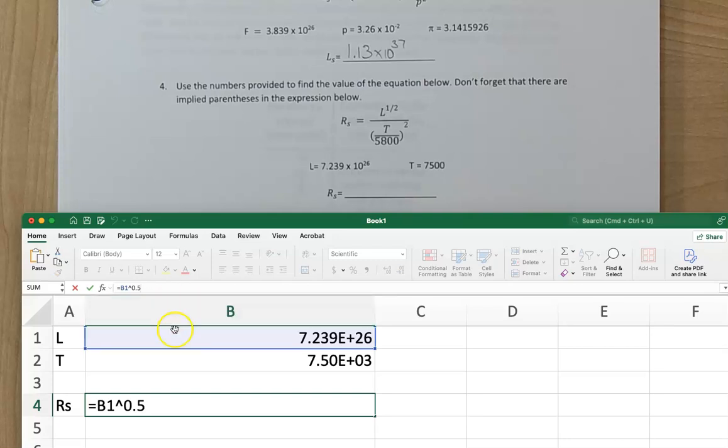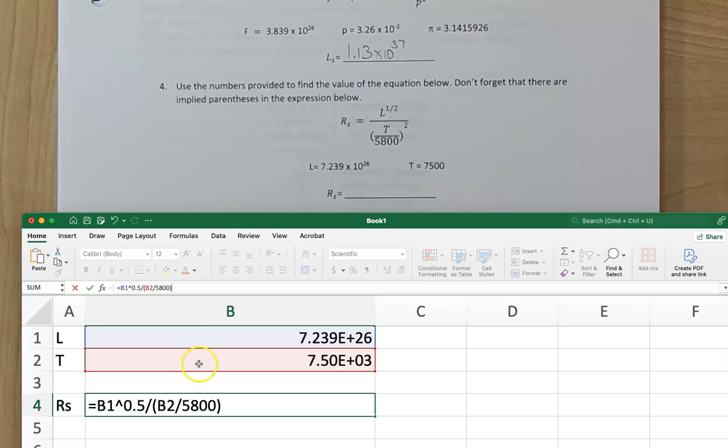Okay, so I got L. I'm raising it to the 1/2 power. And then I'm dividing by, now with parentheses, T over 5,800. Going to take the temperature. I gave that away. Spoiler. We'll see this again in a few days, but yes, T stands for temperature.